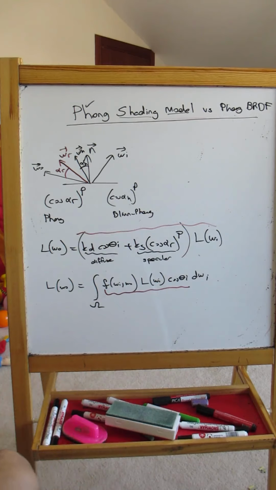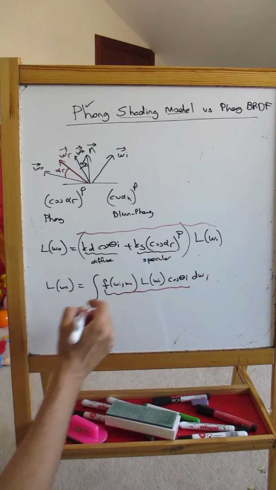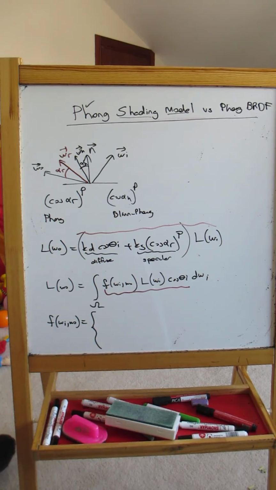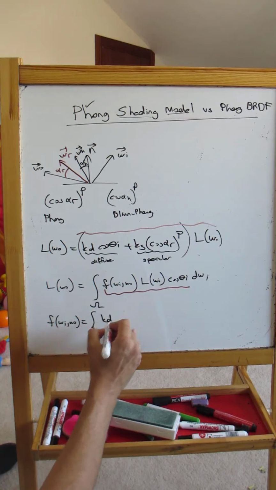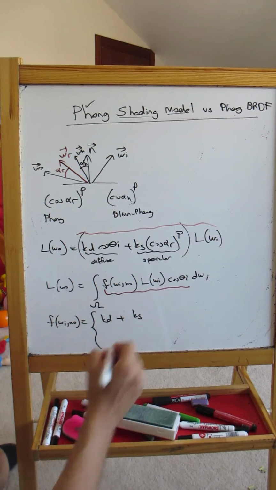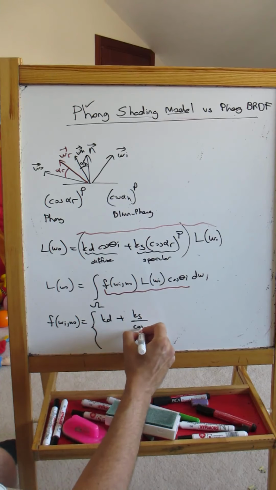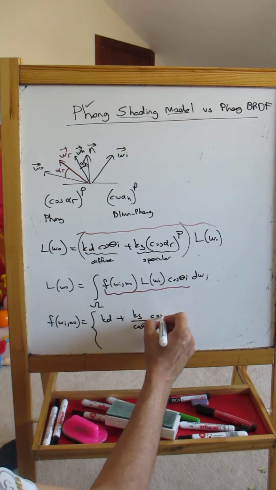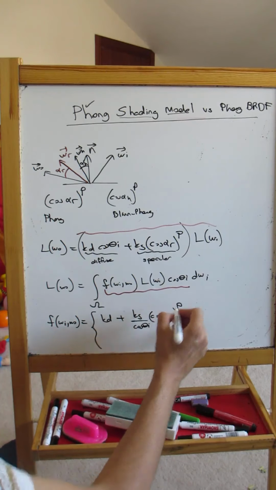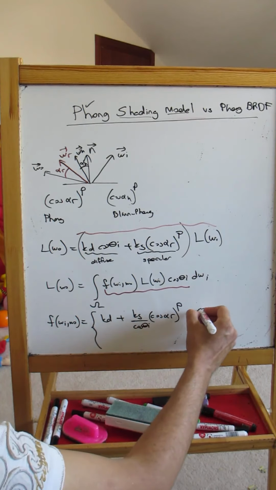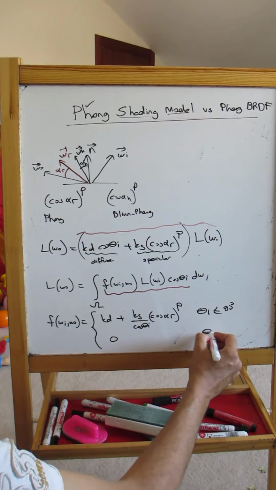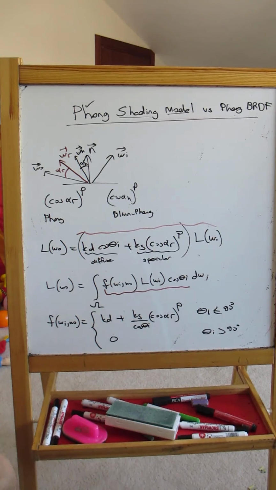For that to happen, if you write your Phong BRDF as follows: f(wI, wO) is equal to kD plus kS divided by cos theta I, times cosine alpha R to the power of p, when theta I is less than or equal to 90 degrees, and 0 when theta I is greater than 90 degrees.